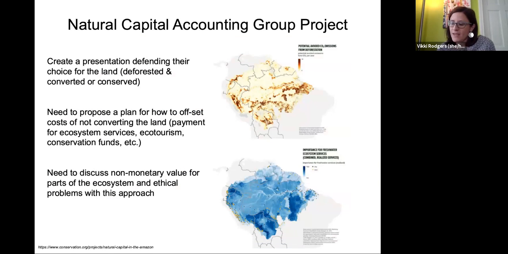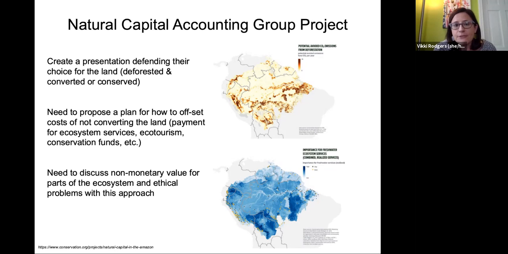So what they end up doing is going through and doing a research outline to pull all of this information. They then need to get some feedback. I give them a number of sources. They have to find some of their own, but there's some great information through the Economics of Ecosystems and Biodiversity, TEEB, the World Resources Institute, the Natural Capital Finance Alliance, and Natural Capital Coalition.